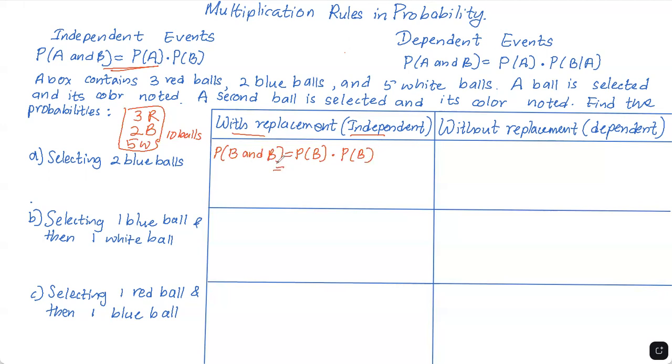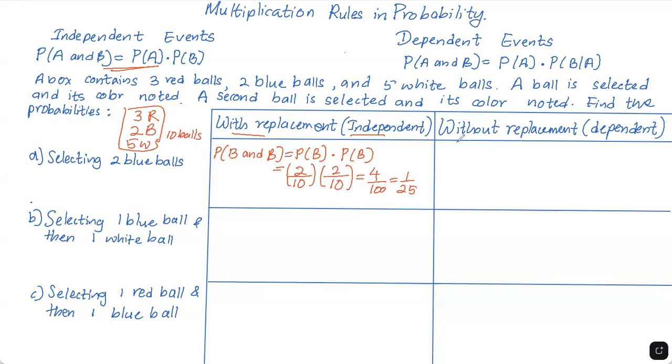For the probability of blue, we have 2 blue balls out of 10, times, since this is with replacement, again in the box we have 10 balls and also 2 blue balls. So multiply these two, which is 4 over 100, which is 1 over 25.